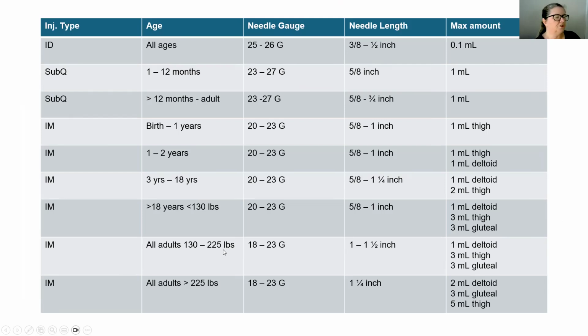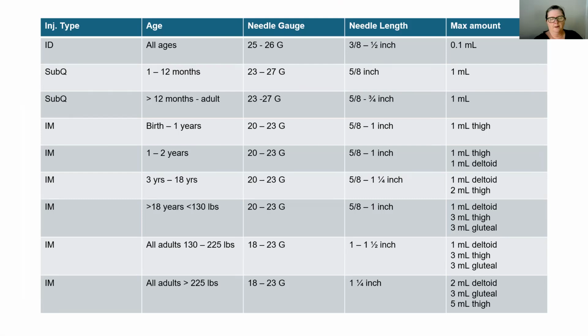Adults that are 130 to 225, you can do 18 to 23 gauge, 1 inch to 1.5 inch, max 1 ml deltoid, max 3 ml in both the thigh and the glute. And then any adults that are over 225 pounds, same gauge, longer needle, 1 to 1.25 inch, 2 mLs in the deltoid, 3 in the glute, and 5 in the thigh.